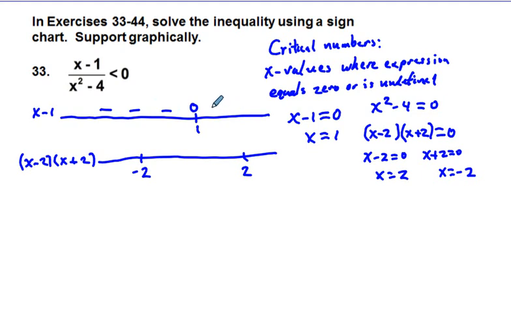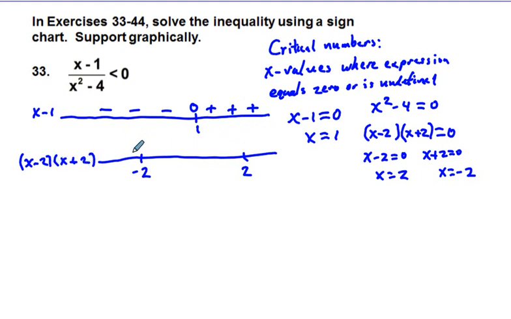And to the right of x equals 1, we have positive, positive, positive. So we have a sign right above each interval or critical number. So you see in each interval and critical number we have either a plus sign or a minus sign or a 0.